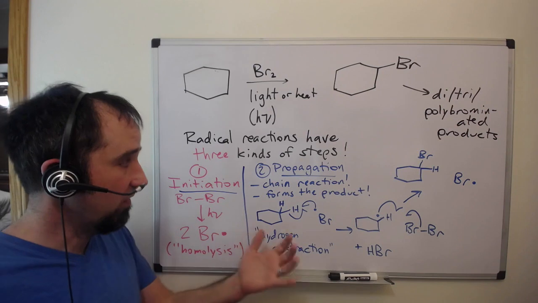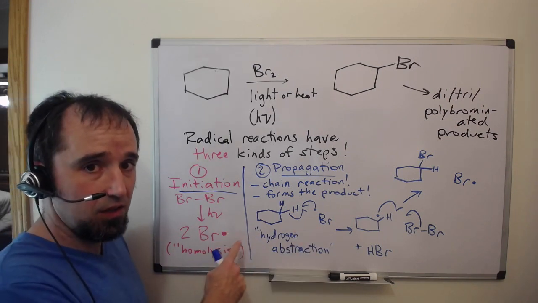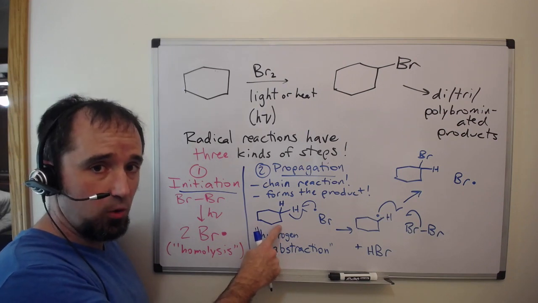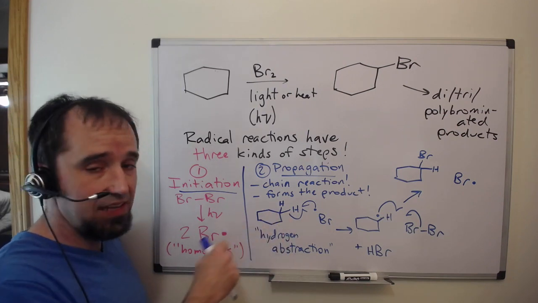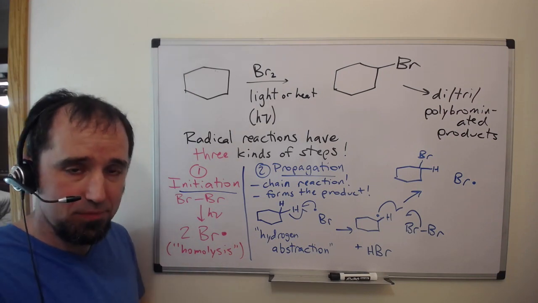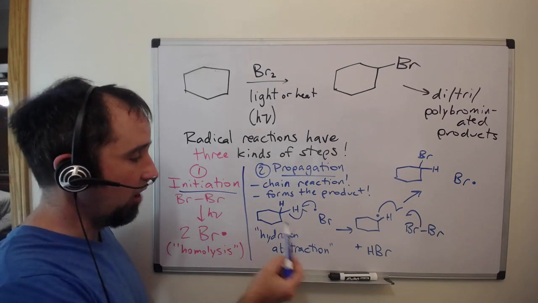In this case, we've got this bromine radical that we made in our initiation step that can interact with this cyclohexane, and it's going to break this C-H bond in half. We'll call this hydrogen abstraction.